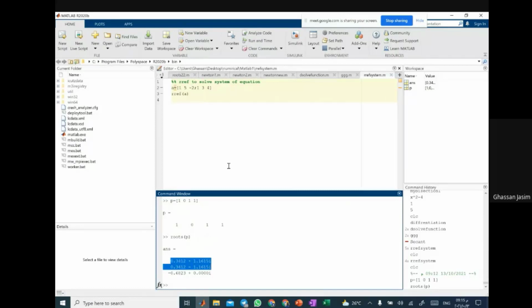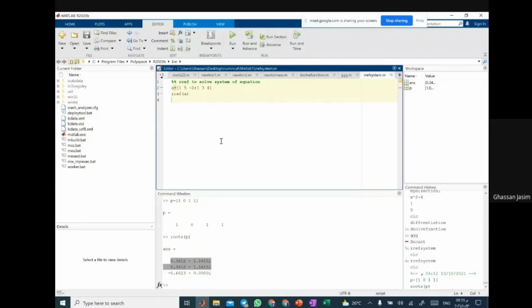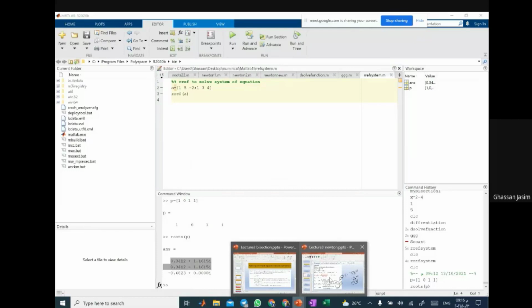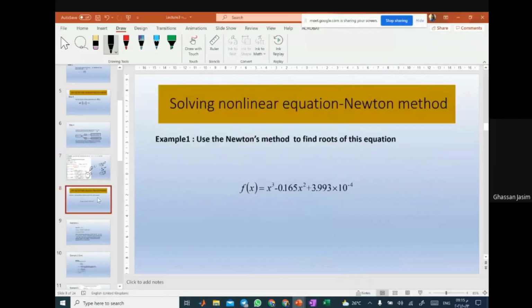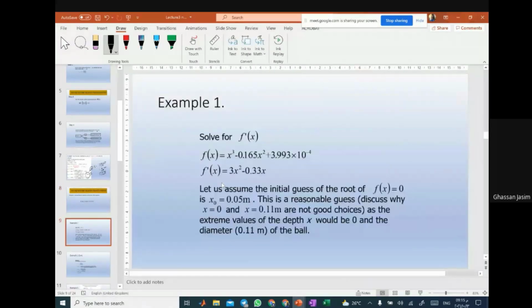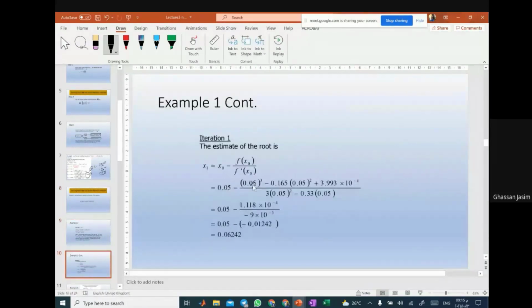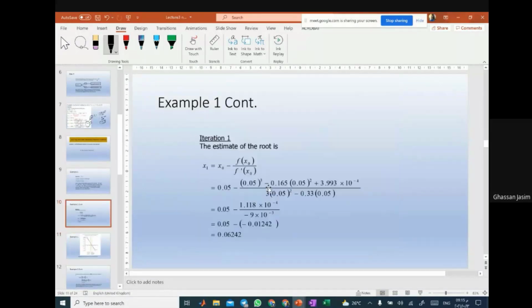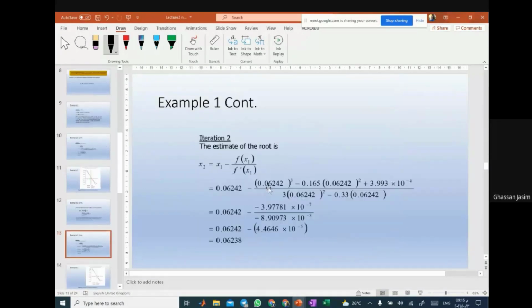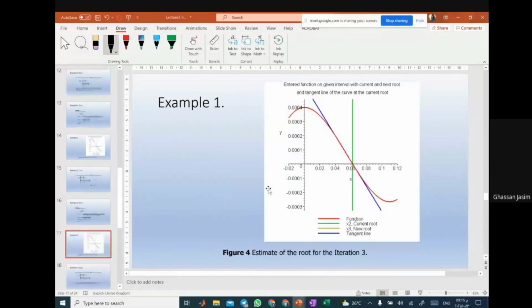It's so easy to find roots of a polynomial in MATLAB. Let's come back. This is another example. Try to solve it by yourself. I solved it, but try to solve it by yourself.